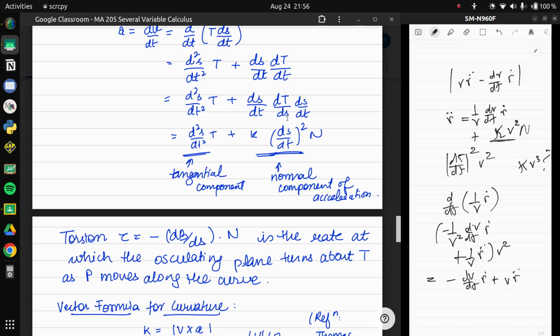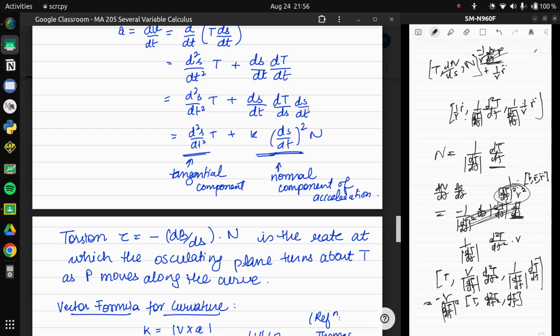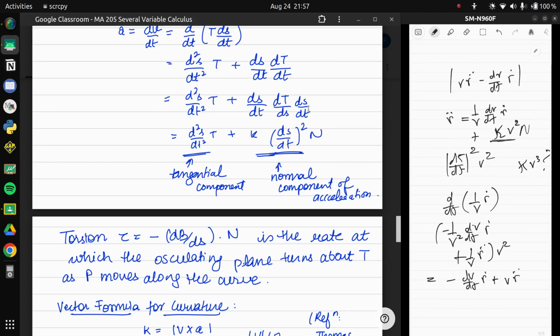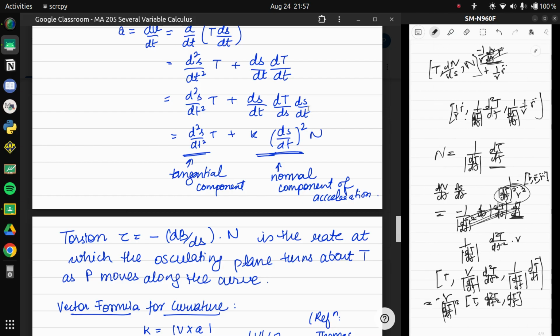It's a v cube, isn't it? It's supposed to have a v over there. Wow, I'm really not in the mood to be doing all of this. It's v squared over there, right? It has to be v squared. What else can it be?